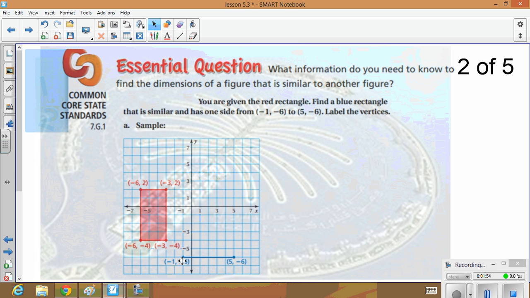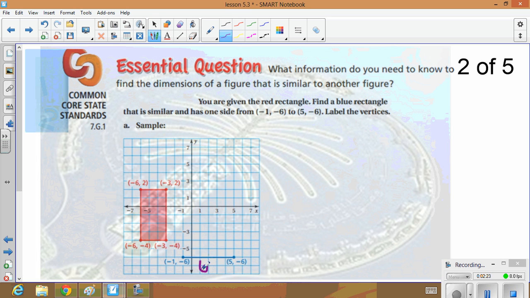From -1, -6 to 5, -6, since we're parallel to the x-axis, I'm going to look at the x-coordinates. From -1 to 5 is 6 units, and we can just count them: 1, 2, 3, 4, 5, 6. So I know the length of this figure is 6 units.